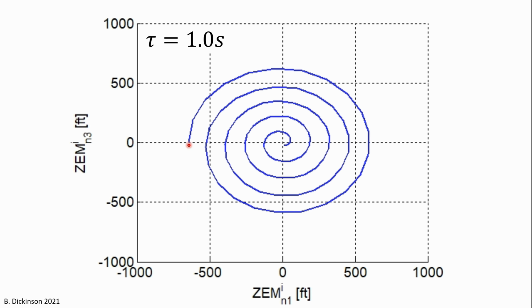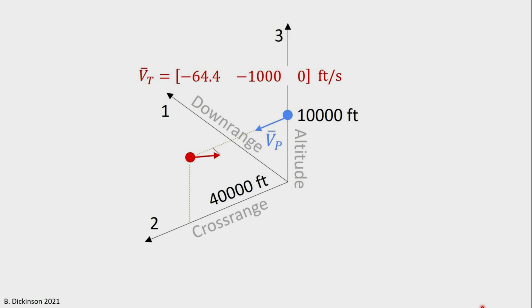To understand why zero effort miss in the downrange direction is initially non-zero, let's take a look at the initial engagement condition. The target has initial velocity in the downrange and cross-range direction, none in the altitude direction. The pursuer has its velocity vector aligned with the cross-range direction.